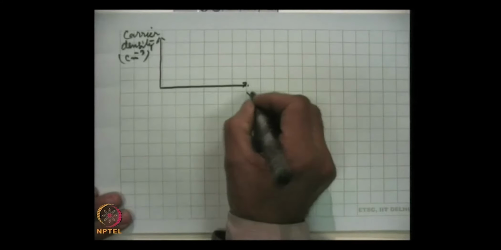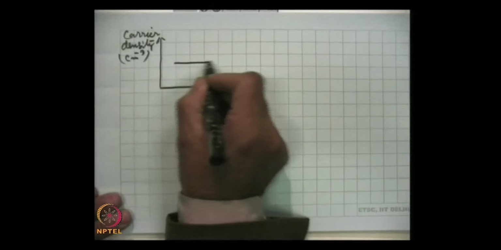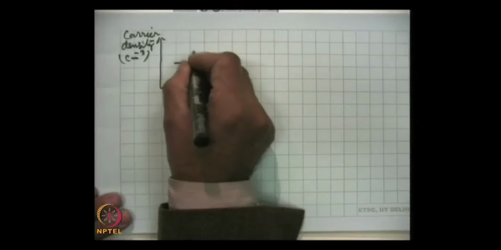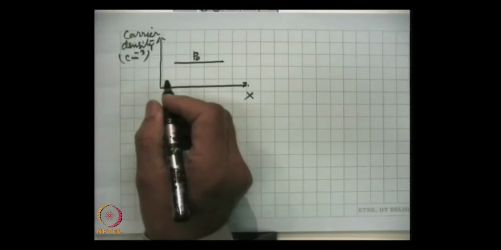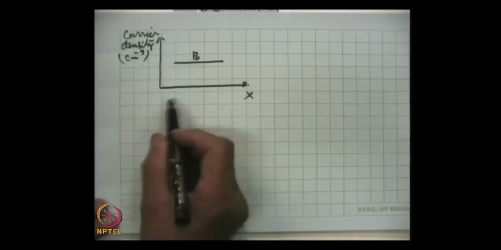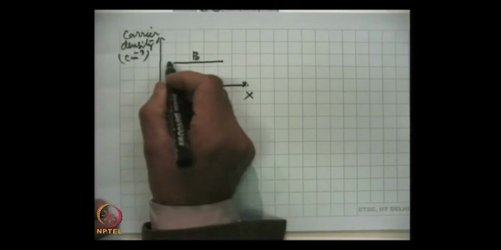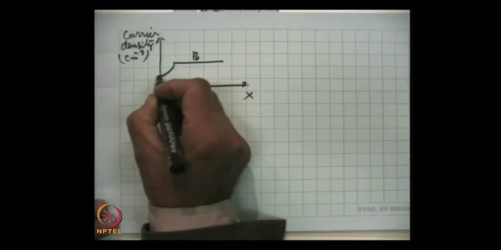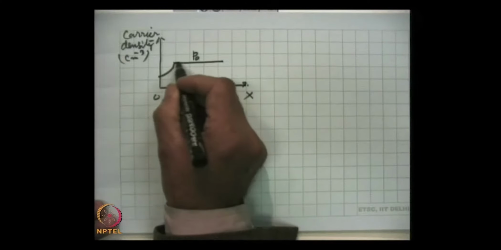This is x, and this concentration is P0 in the rest of the material, and here we are closer to the surface. So, this is the depletion.